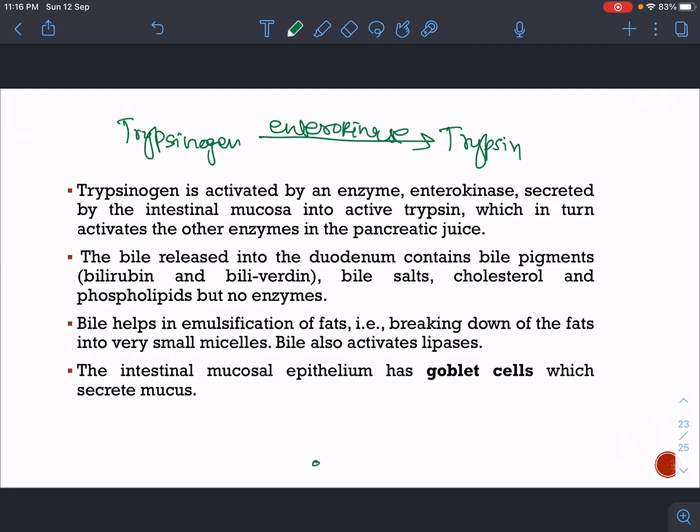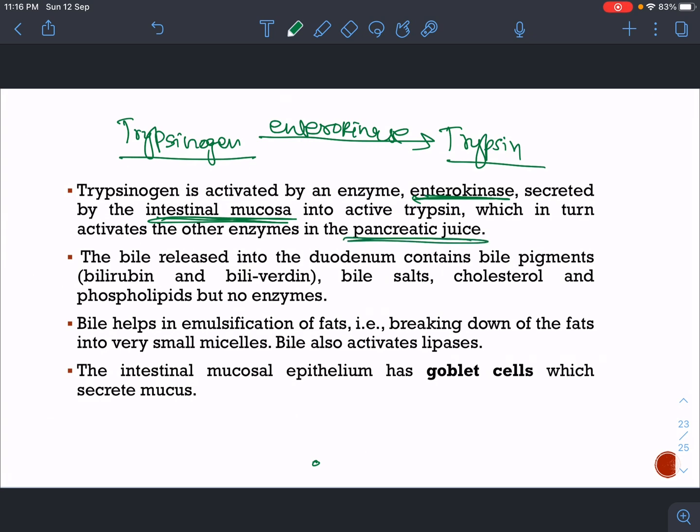Trypsinogen is a proenzyme, trypsin is an active enzyme. Enterokinase is secreted by the intestinal mucosa, that is the innermost lining of intestine, which is also an enzyme, and this enzyme converts trypsinogen into active trypsin. And after this active trypsin is used to activate other pancreatic juices.